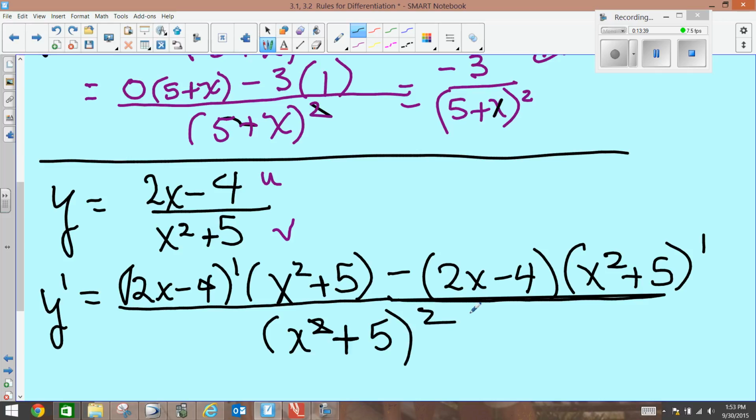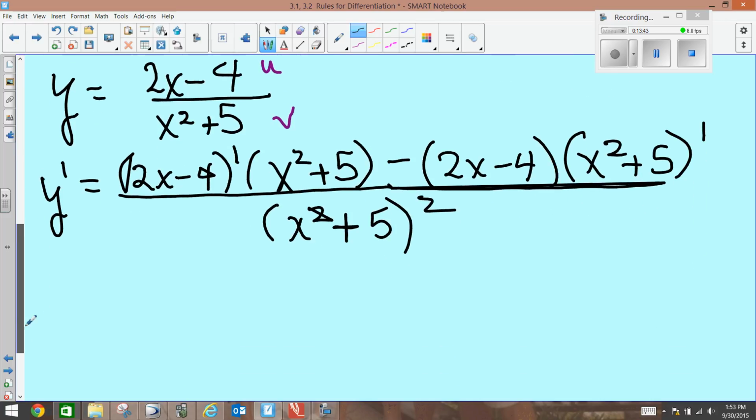Okay, so the derivative of 2x minus 4 is 2.